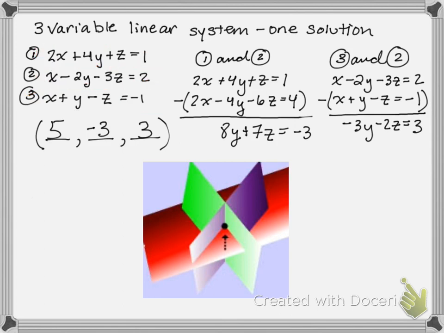And what's happening here is these planes are intersecting. If you look at the picture that I have, the 3 planes are intersecting in this single point here. And that's what we're finding. We're finding the single point where 3 planes intersect. Okay, so that's 3 variable linear system, 1 solution.